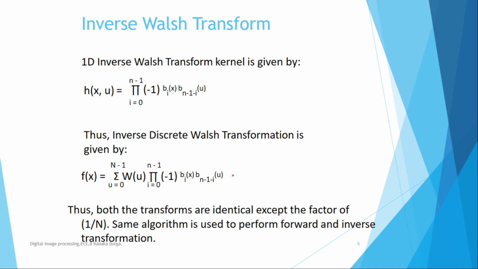So the inverse discrete Walsh transformation is f of x, sigma u runs from 0 to n minus 1, product of i running from 0 to n minus 1, minus 1 whole to the power of b_i of x, b_(n-1-i) of u. If you observe, both are identical, but in the forward transformation we have 1 by N, whereas in the inverse Walsh transformation we do not have 1 by N.